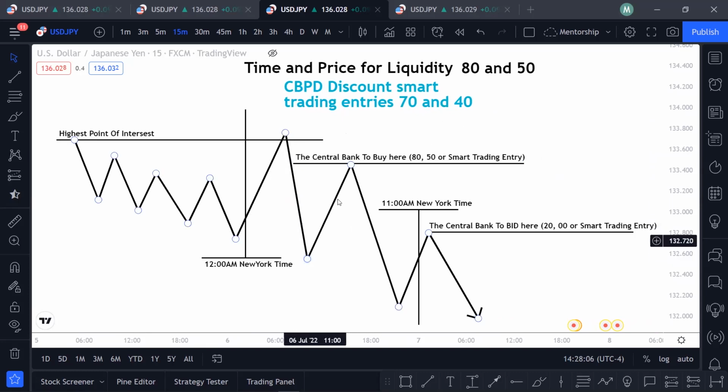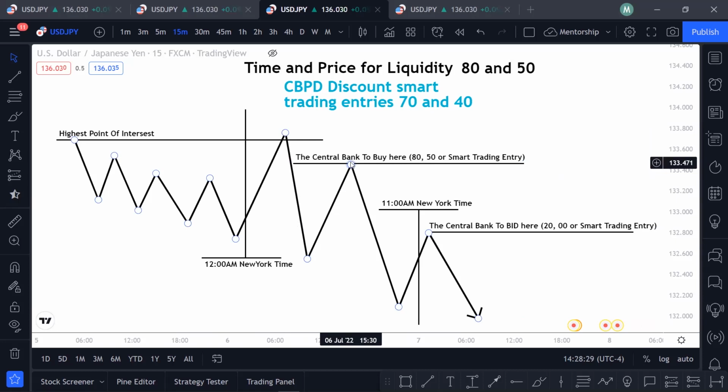Because they are still coming where? To institutional levels to sell. Wait for price to break through or to trade through the institutional level. Once price comes back to that institutional level, that is your entry.